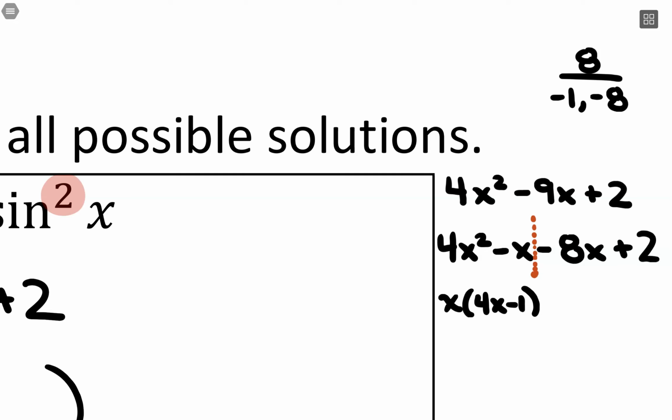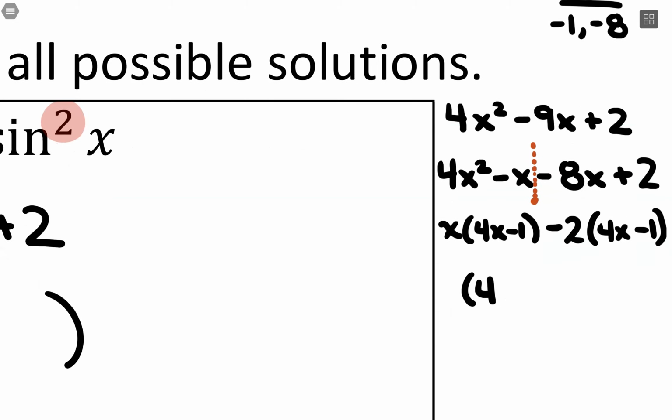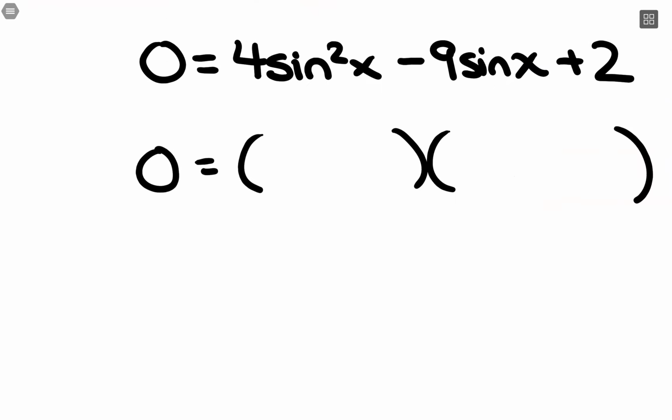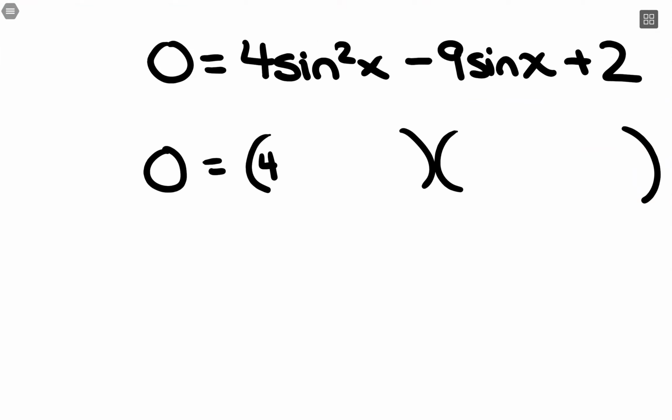Looking at the right-hand side, there's a common factor, and it would need to be -2. So I'll make for a positive 4x minus 1. And then I can see I have common factor of 4x minus 1, and the leftovers would be x minus 2. So that's my factored form, and what I'm going to do is just move that over here, but we have sine in there. So I'd have 4 sine x minus 1, and then sine x minus 2.